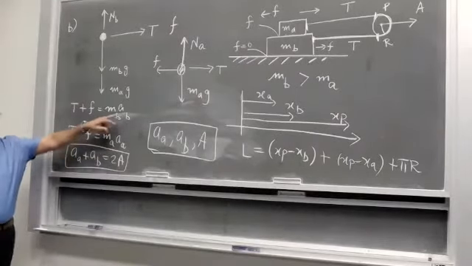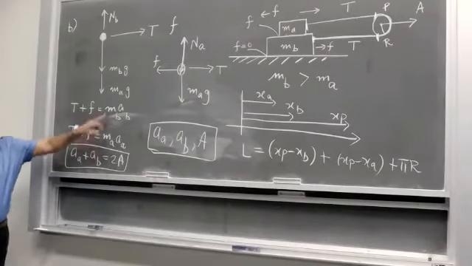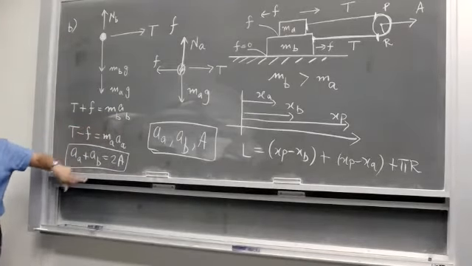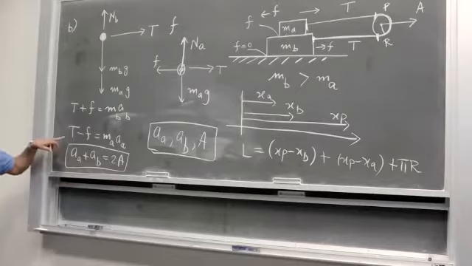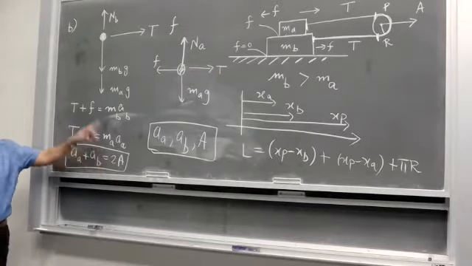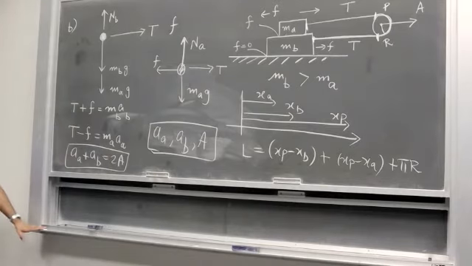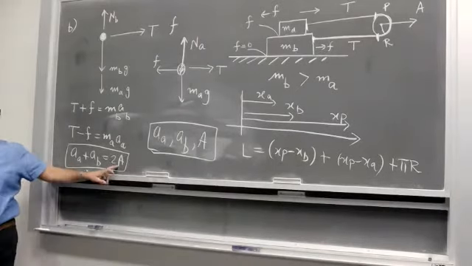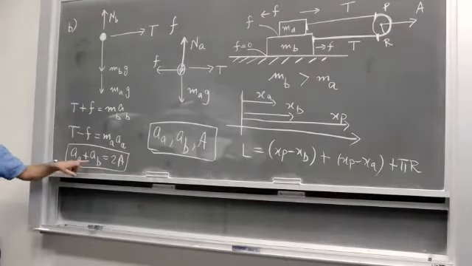All you have to do is eliminate AB and AA, these 2 accelerations, and find the acceleration in terms of the friction and the acceleration A and the masses. A is known, so you don't have to eliminate that. You have to eliminate AA and AB.